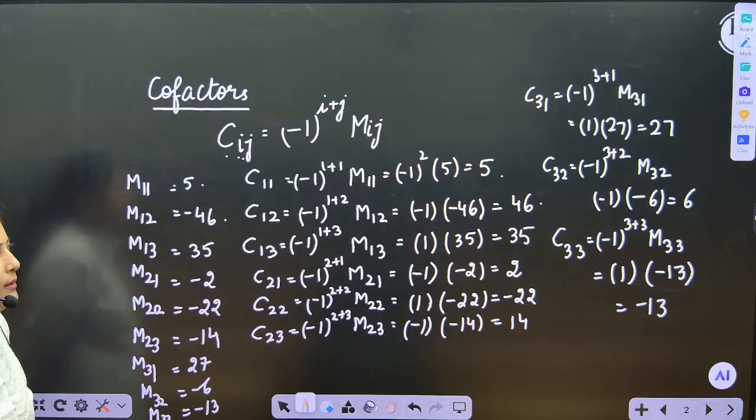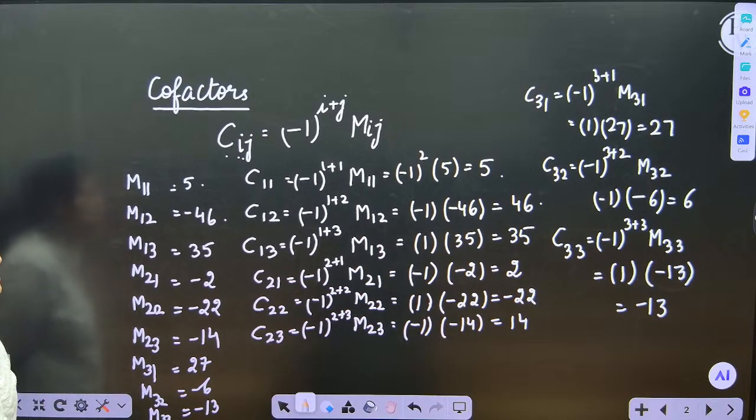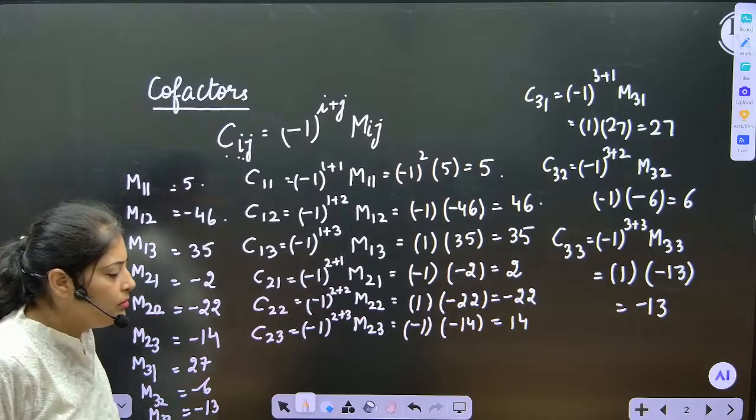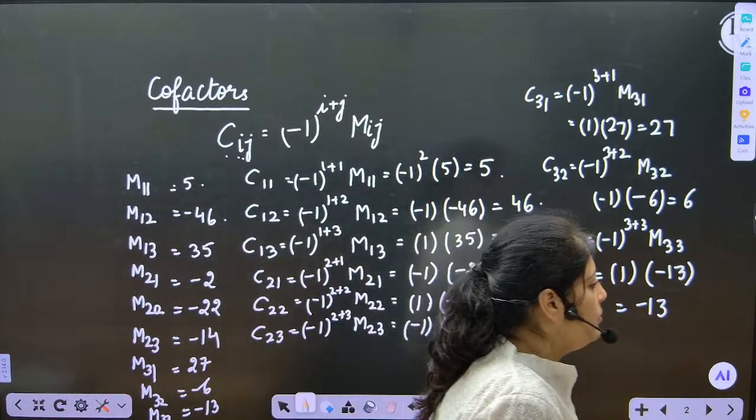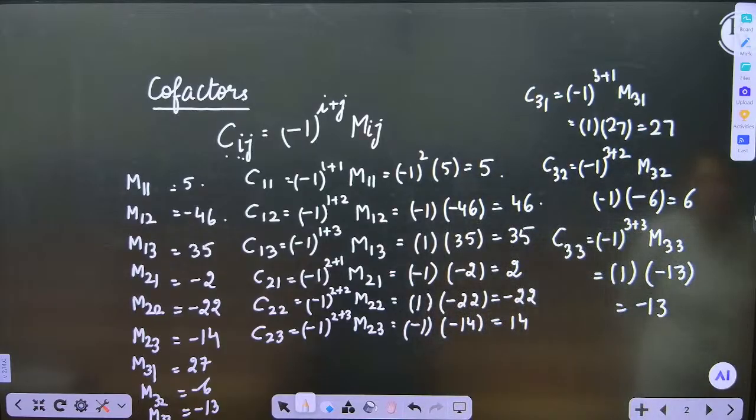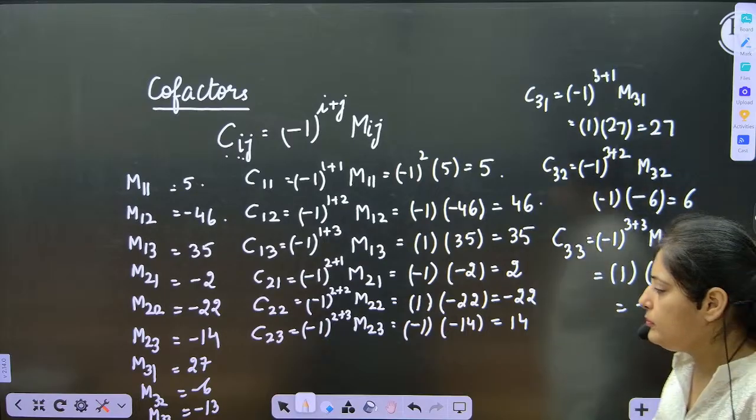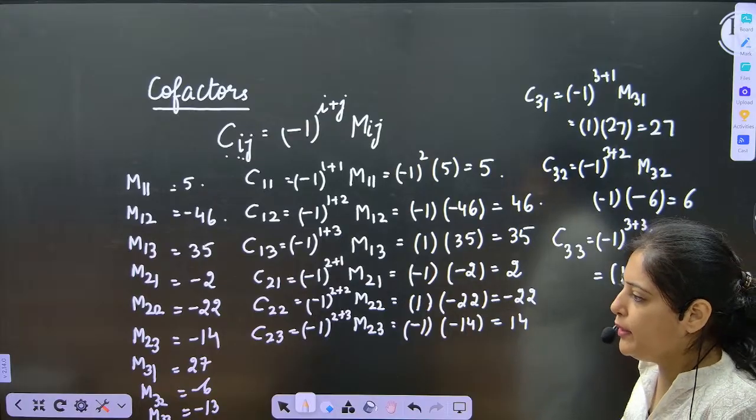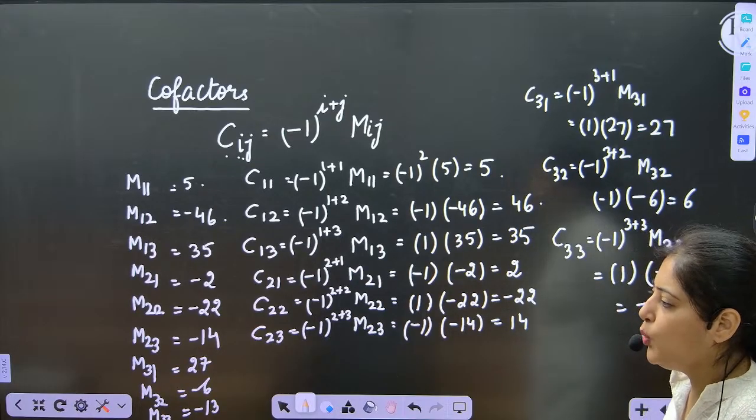I hope it is clear. Just apply the formula and get the value. That's it. Quickly note it.